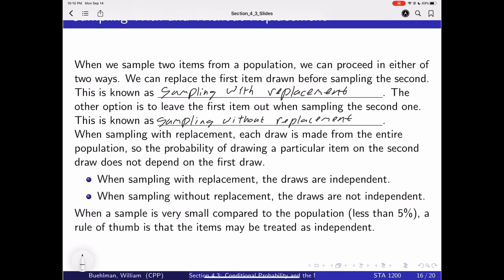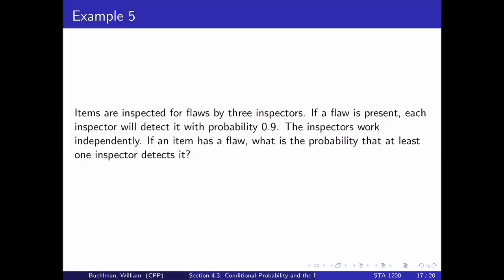When sampling without replacement, the draws are not independent because in the first draw we took something out and we've now changed the population for the second draw, so it's now dependent on what we drew in the first one. When a sample is very small compared to the population, so when our sample is less than 5% of our population, a rule of thumb is that items may be treated as independent.